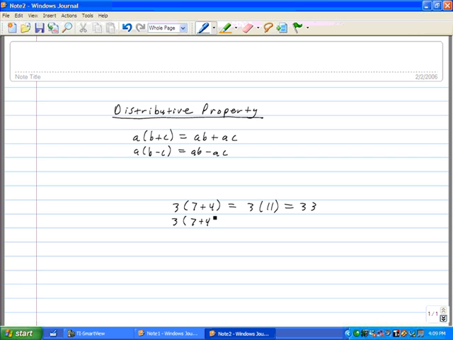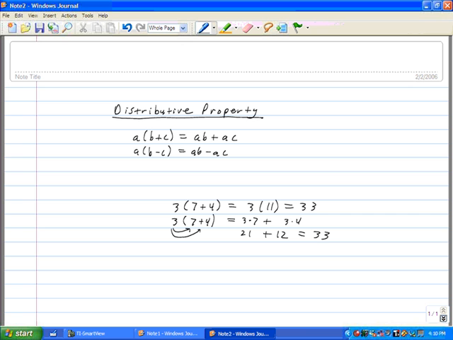If we rewrite the problem and distribute, do a 3 times 7, also do a 3 times 4, allowing the multiplication to come first and the addition to come later. So our multiplications are going to give us a 21 plus a 12, which is also a 33.